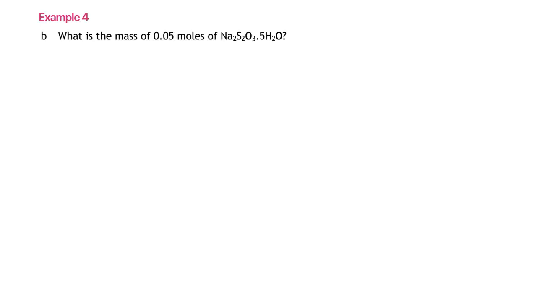Now we're picking up some speed, and the MR for Na2S2O3 is going to be, well, 2 times 23 plus 2 times 32 plus 3 times 16, right?